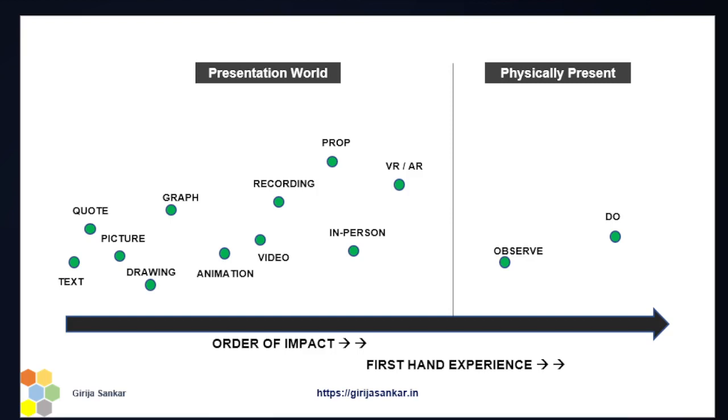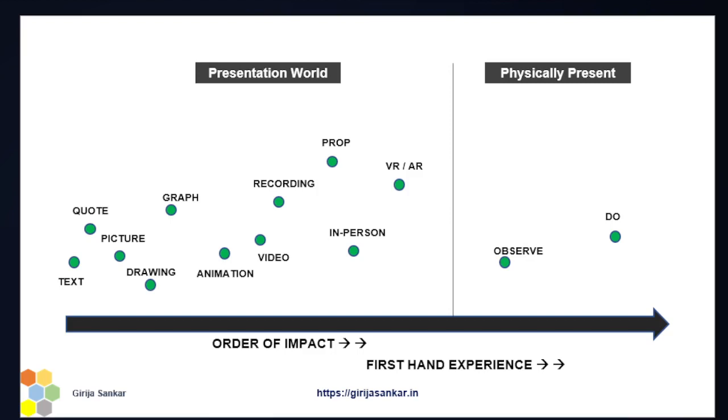Let's look at the different ways you can communicate. Picture. There is the saying, a picture is worth a thousand words. Really, if you put a picture instead of elaborating in multiple lines, people would be able to get it and they would be able to correlate it better than by just reading a paragraph of text to them.